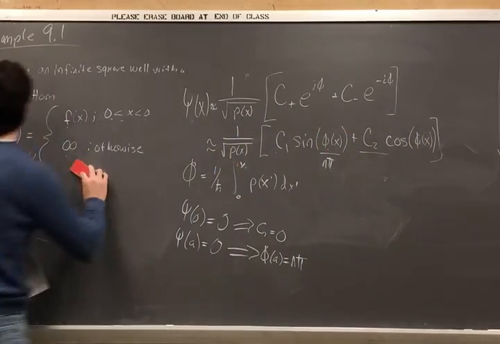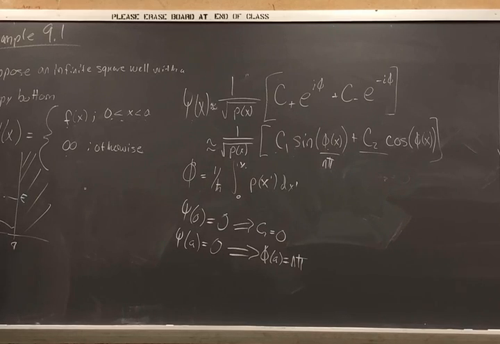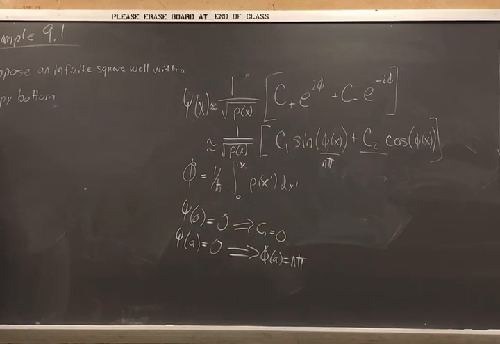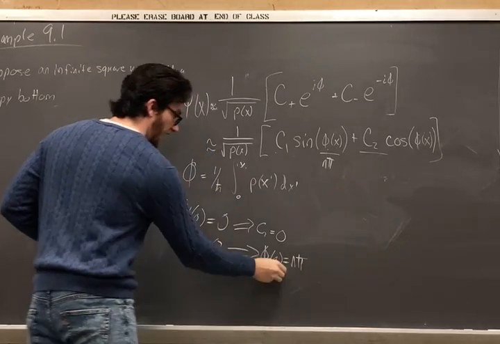We used a similar thing in the past to give us our final equations. If I erase this formulation here, you might be able to remember it. I hope you all wrote that down. Now let's use phi of a, right? We know that phi of a has to be n pi.